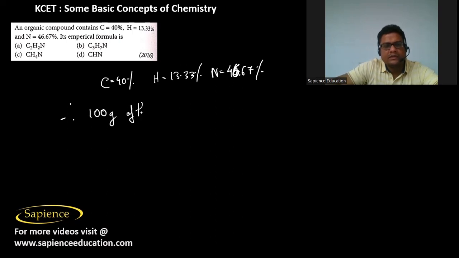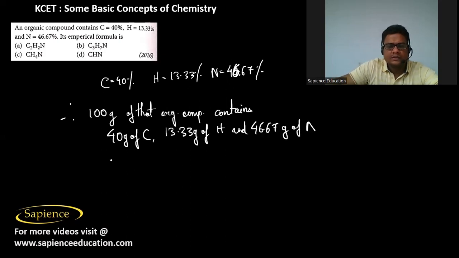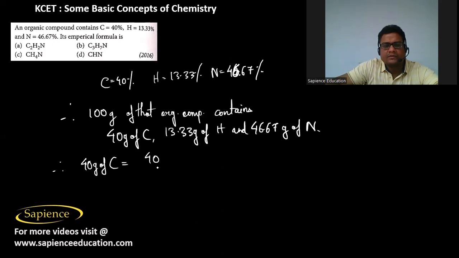So 100 gram of that organic compound contains 40 gram of carbon, 13.33 gram of hydrogen, and 46.67 gram of nitrogen.